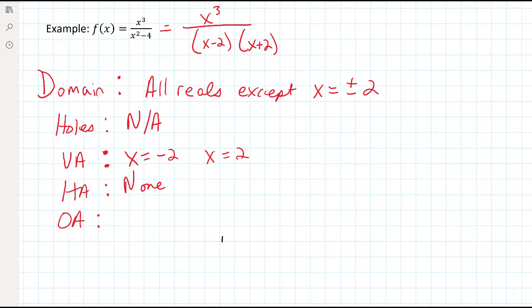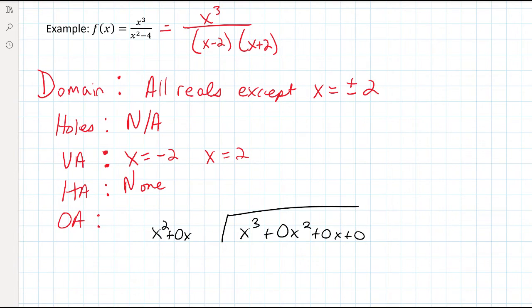I'm going to put the x cubed inside the division house, and I'm going to put my missing terms in here, 0x squared plus 0x plus 0, because it makes it easier for my terms to line up. That's divided by x squared minus 4, once again adding in my 0 term. What do we ask ourselves?